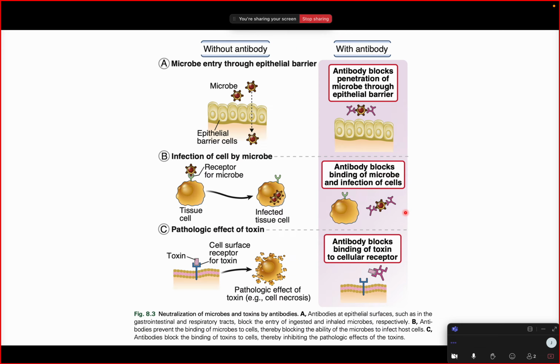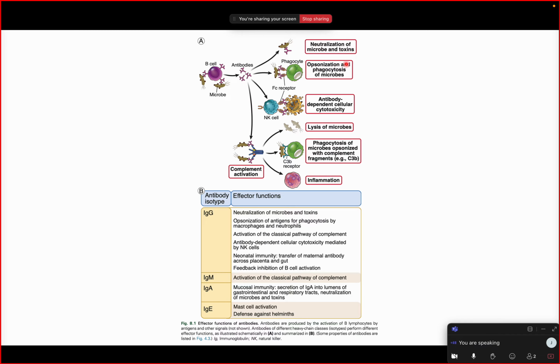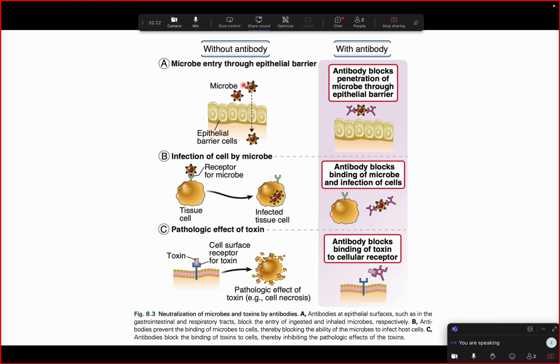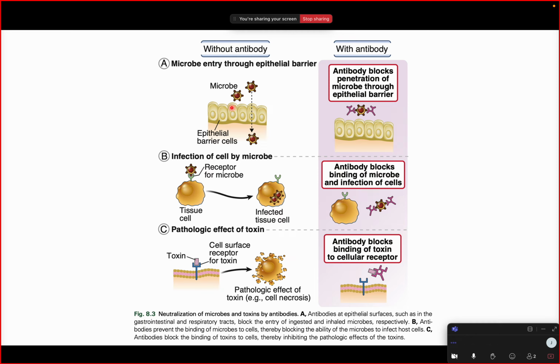Now if we talk about the neutralization of microbes and toxins by antibodies, this is the neutralization. One function of antibody, not all the functions of antibody. In the A panel is without antibody and in the B panel with the help of antibody. The antibodies at the epithelial surface, such as in the gastrointestinal and respiratory tract, block the entry of ingested and inhaled microbes respectively.